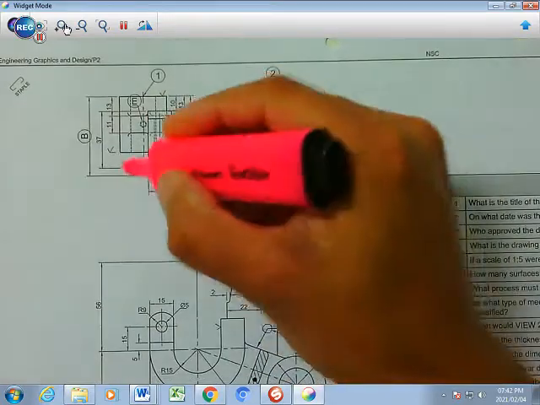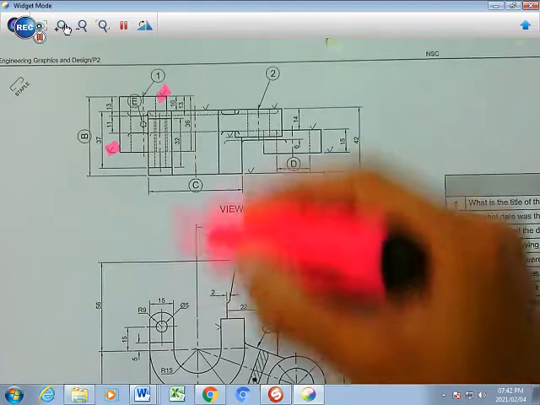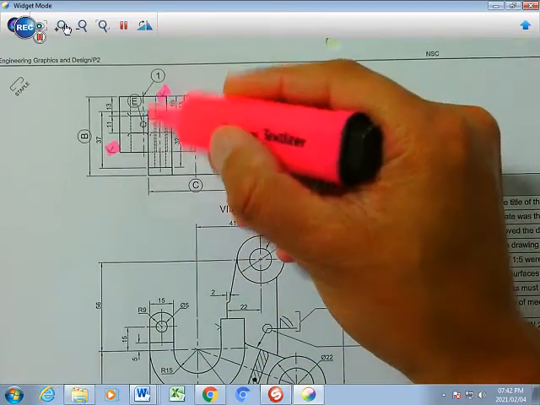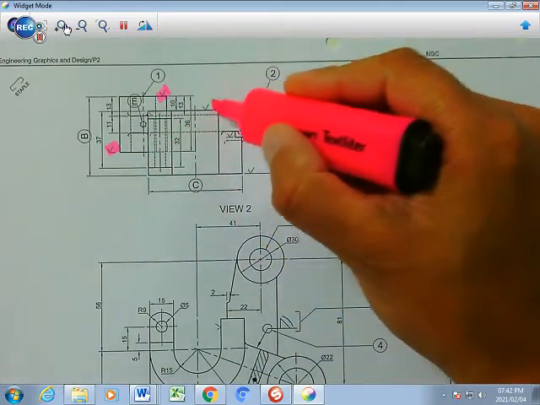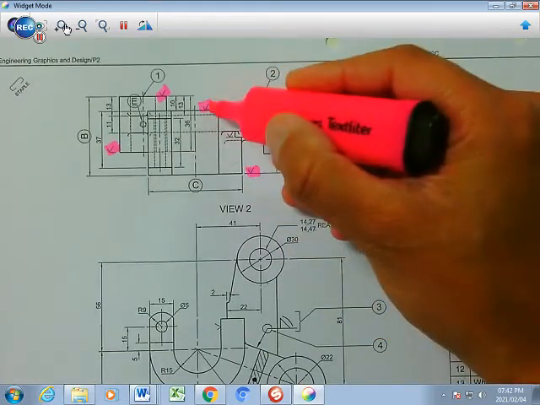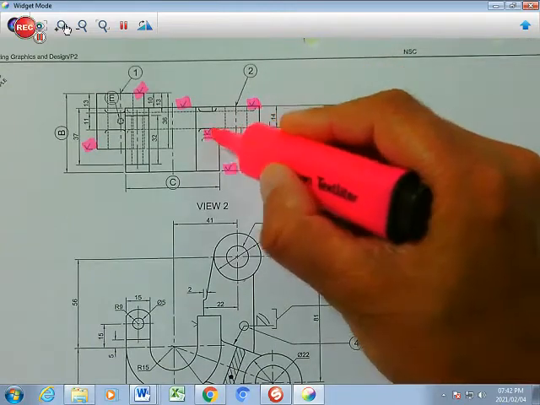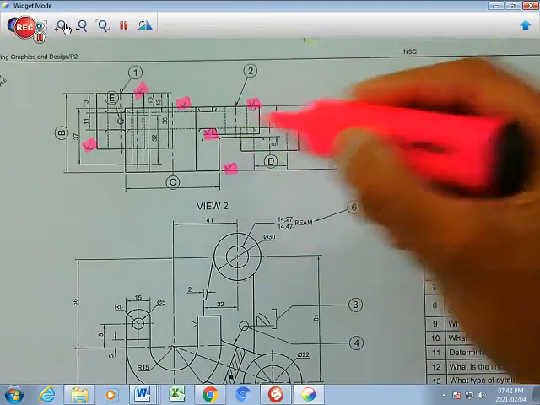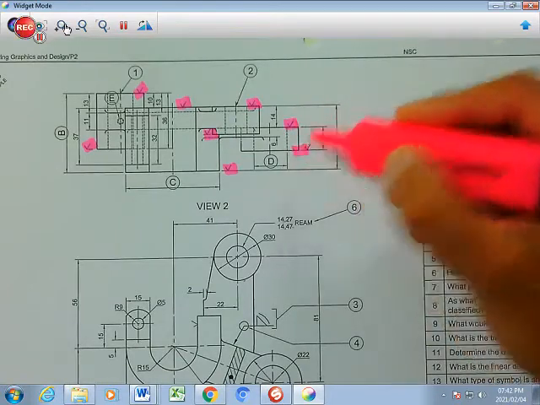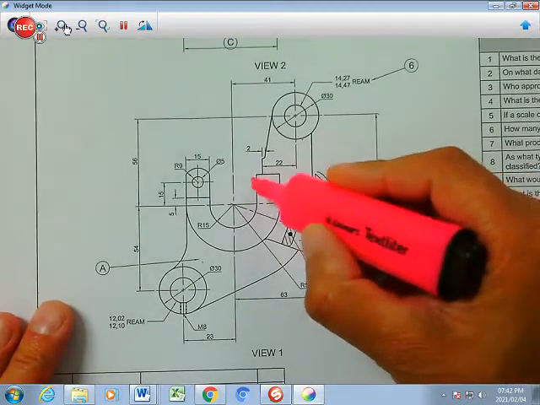So we're going to say 1 and 2, right? That's for this bottom and that top there. And then it's going to be 3, 4 for this bottom and that top. And then 5 and 6, right? That's bottom and top. 7 and 8, and then the last one you are going to find there, which is 9.